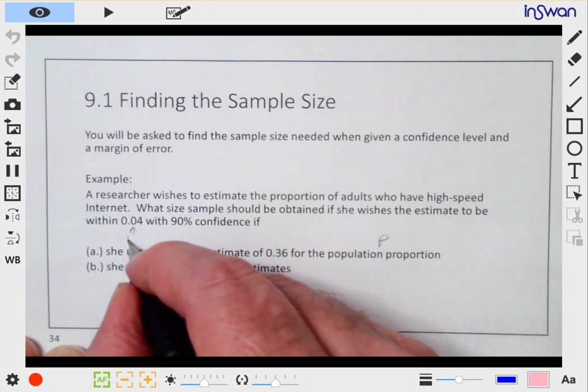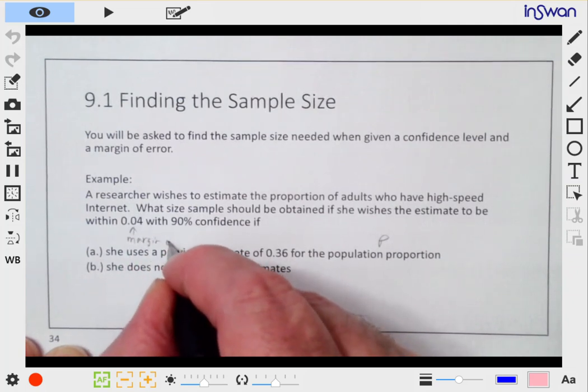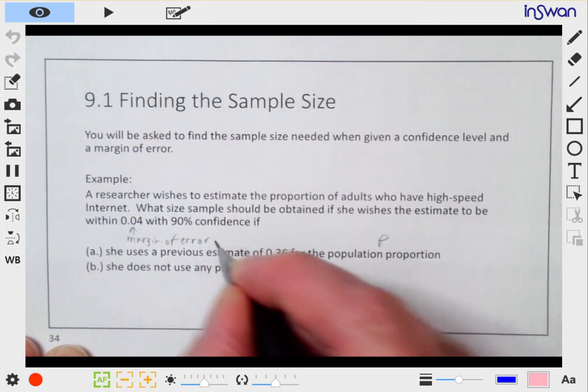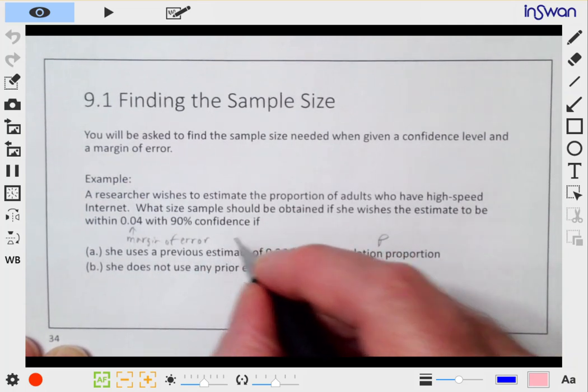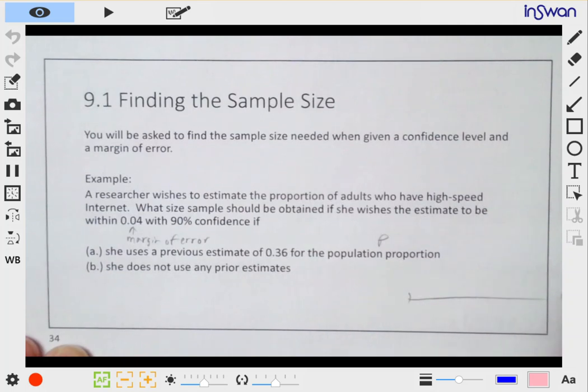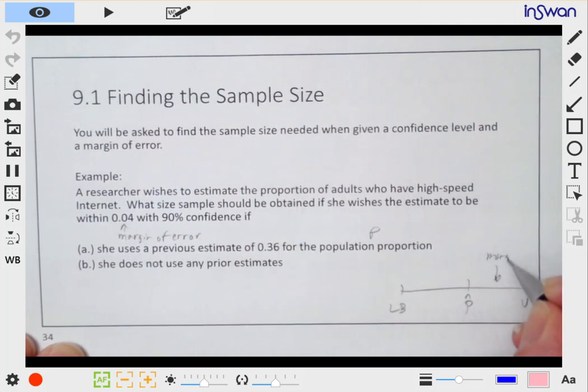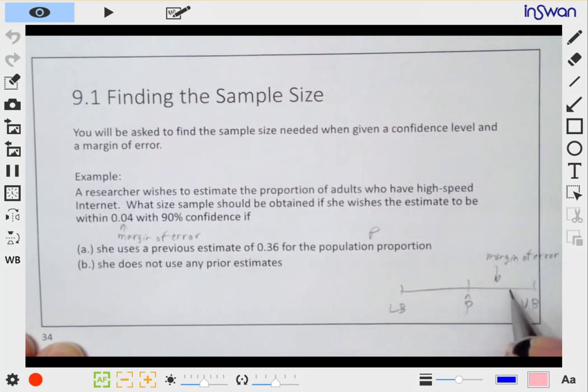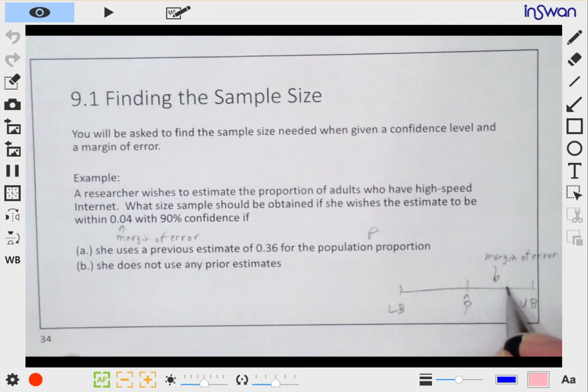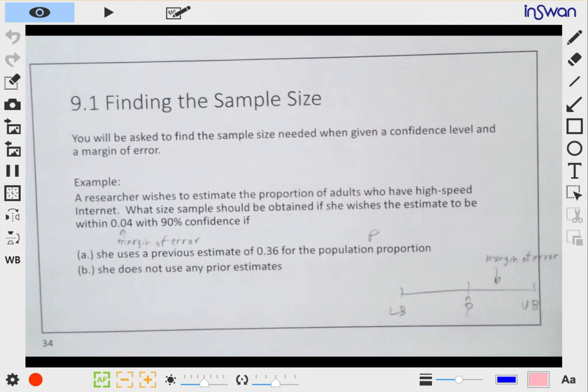This is our margin of error. And of course, our interval is going to be twice that. So you have your confidence interval with your lower bound and your upper bound. You have p-hat in the middle, and this is your margin of error. If you double that, that gives you this interval length, which is what they're calling width, as you'll see on the next slide that shows you what you're going to see in StatCrunch.